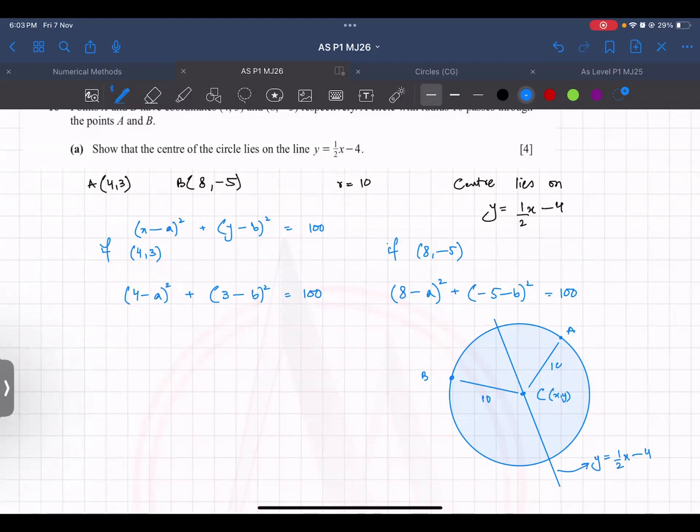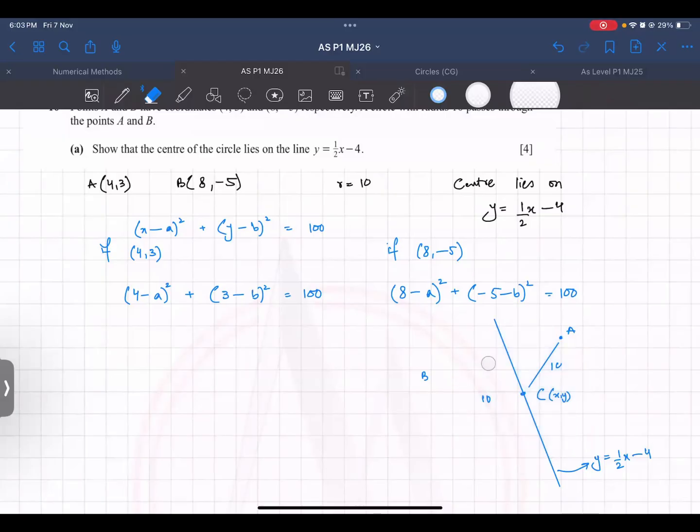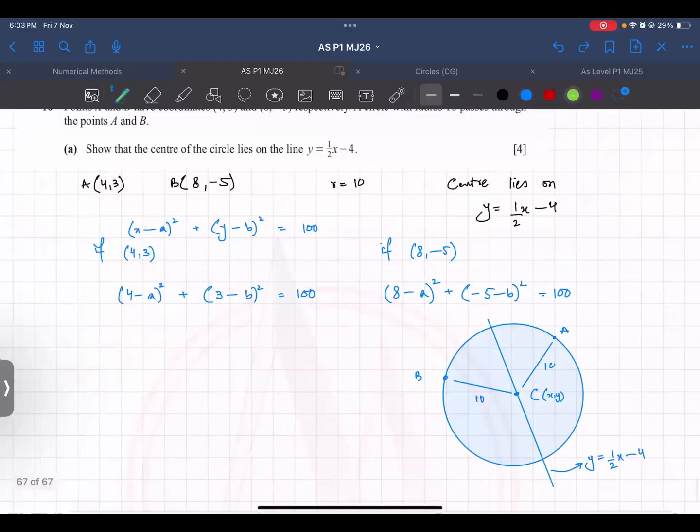Okay. We can use the distance formula as well. With the distance formula, we would get the same thing, I think. Okay, I get it. If I join A and B with a straight line, this becomes a chord.